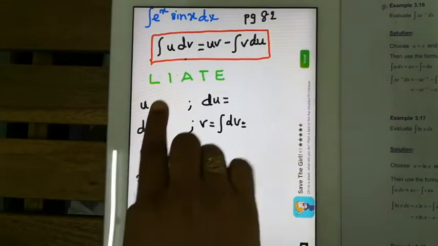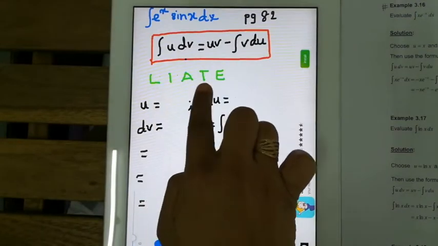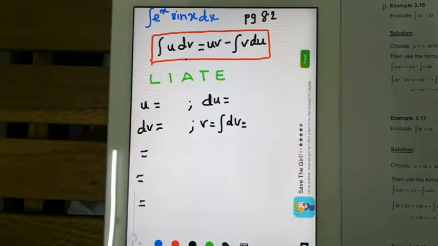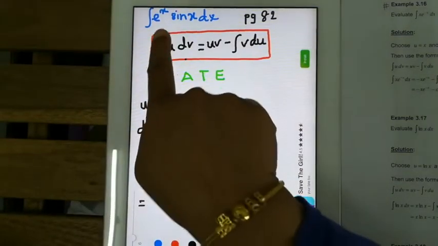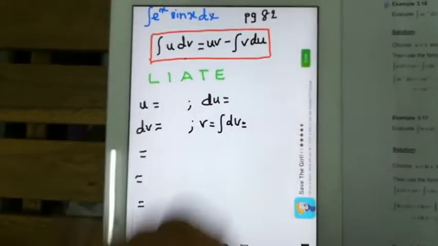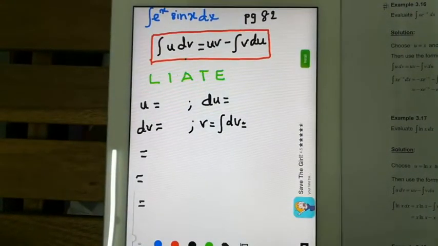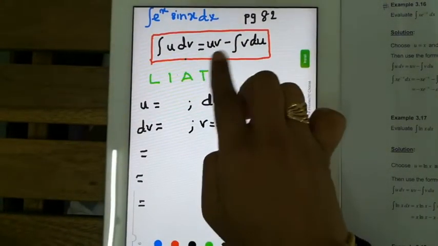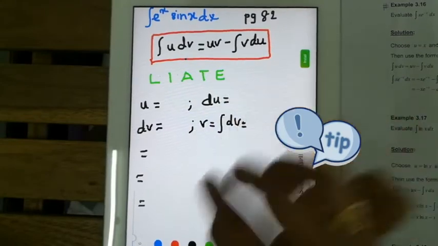Again, based on LIATE, who will be your u? Since this example is a combination of exponential and trigonometry function, this is actually quite a special case.